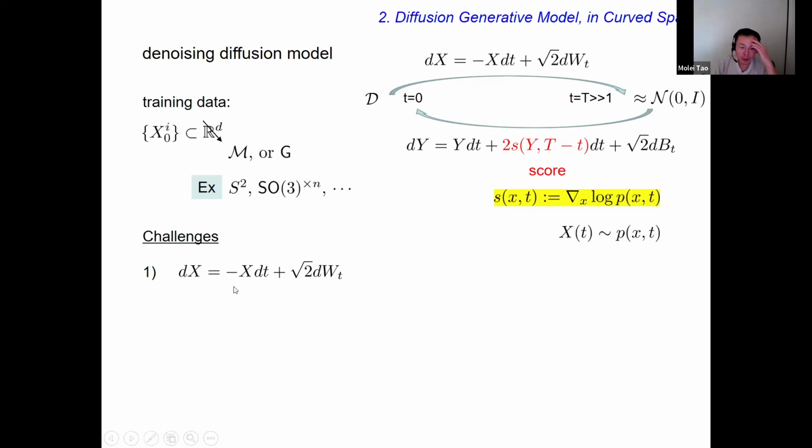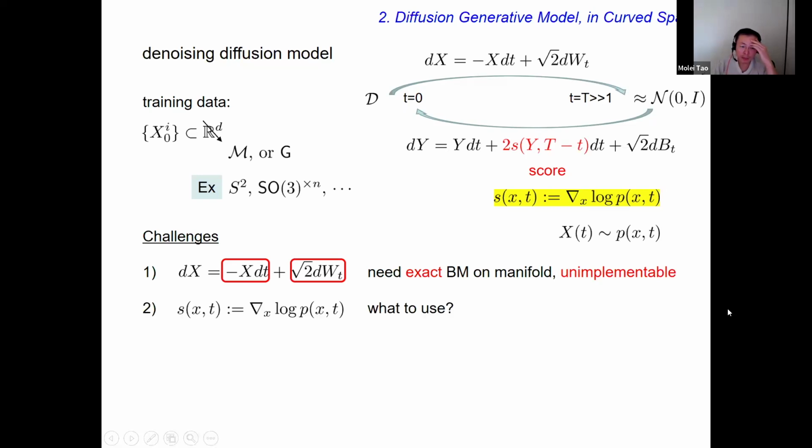For example, you look at the forward dynamics. What is this? This is a drift. But if your X lives on a manifold, this thing can actually take you out of the manifold. That's not good. Moreover, what is this? This is a Brownian motion, so you actually need a Brownian motion on the manifold, but exact Brownian motion on a manifold in general is unimplementable.